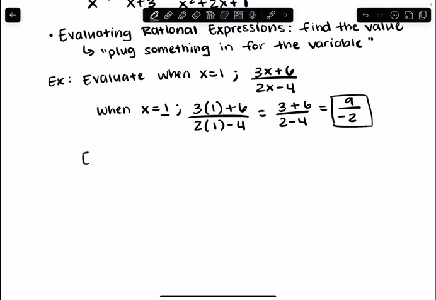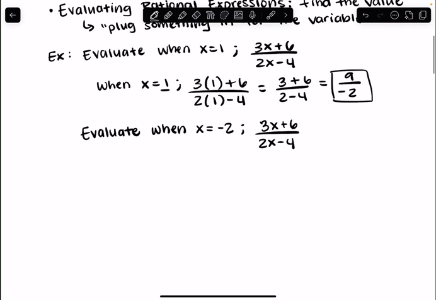All right, let me give you one more example. So let's say I want you to evaluate when x equals negative 2. And we're going to go ahead and use the same expression from the previous example. So again, all you're doing is plugging the number negative 2 into the expression.